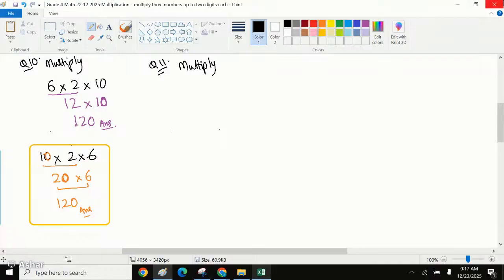Let's focus here and see what the next question says. 9 multiplied by 3 multiplied by 2. Or we can say 2 multiplied by 3 multiplied by 9 should be the same. Let's see if they are exactly the same or not.